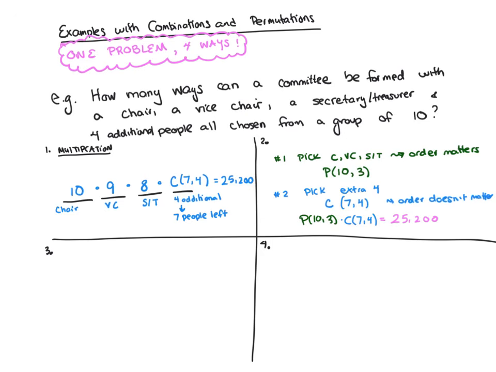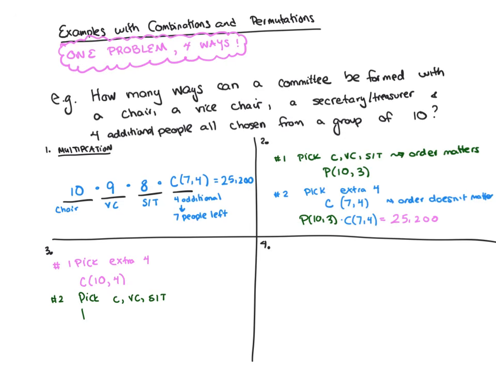Right, so the point of this is that there's lots of different ways to go ahead and calculate these out. There was no reason why I had to pick the chair, vice chair, and secretary treasurer first. I could have first picked the extra 4 people, who gets to be those members of the committee who aren't one of the named positions. But to do that, I now have my entire 10 people, and I'm choosing 4 from that group. And then after I do that, step 2, I'm going to pick the chair, the vice chair, and the secretary treasurer.